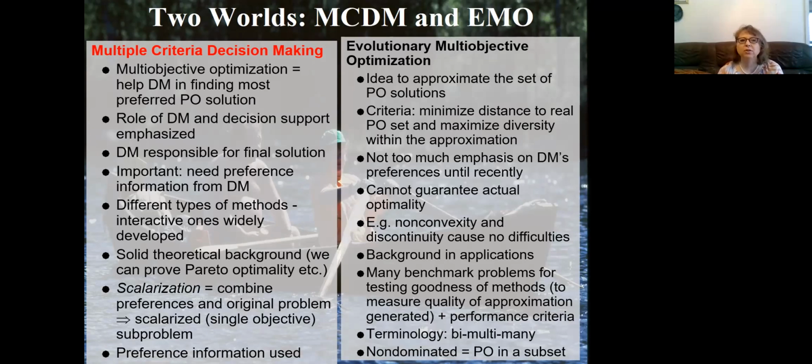So they cannot guarantee optimality as in these theoretically sound approaches, but on the other hand, they can solve problems that do not satisfy these requirements that need to be met to be able to have theoretically sound reasoning.